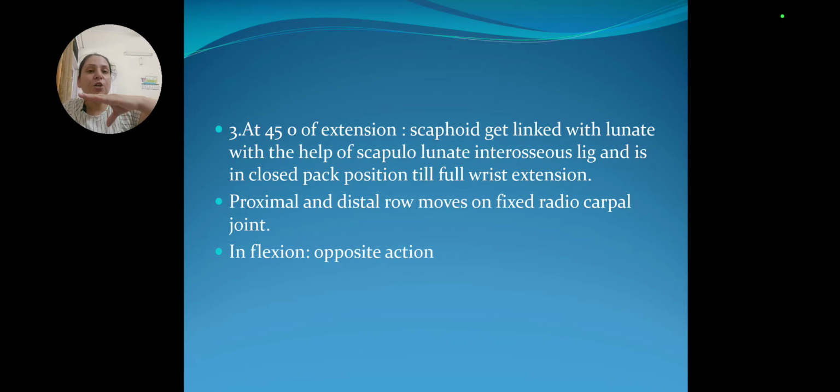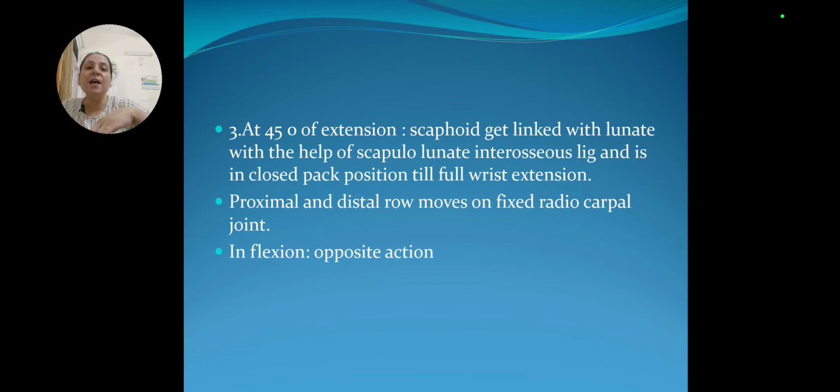Now from the neutral position to 45 degrees of wrist extension, the scaphoid and the distal carpal row become a close packed position, and the scaphoid also starts moving in the direction of the distal carpal row, that is in the posterior direction, until 45 degrees of extension. Now at 45 degrees of extension, the scaphoid and lunate form a close packed position, and they start moving and complete full wrist extension.